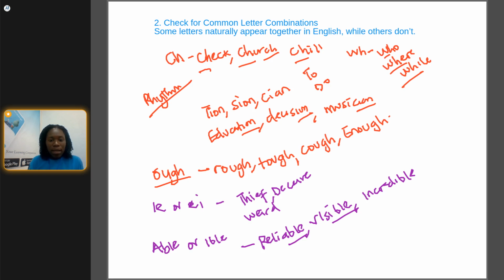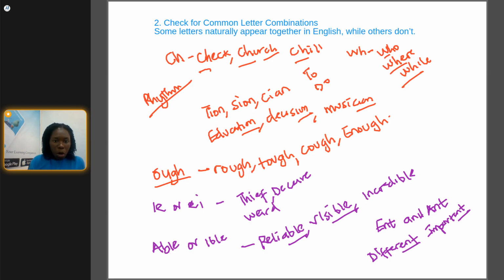All right. Letter combinations of ENT and ANT. You can find examples like different, that's ENT. And then you can find examples like important, that's ANT.